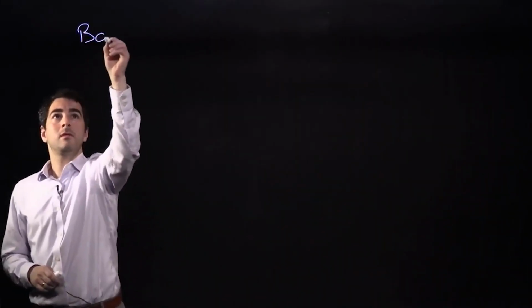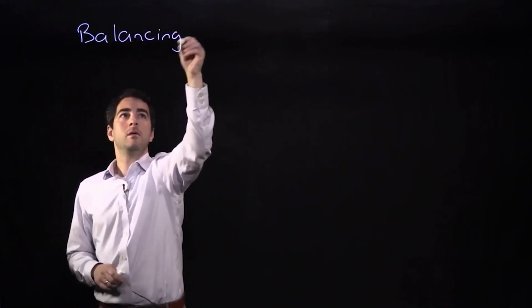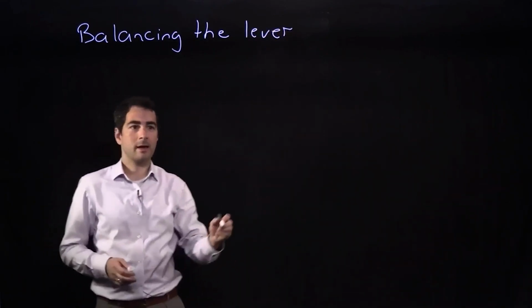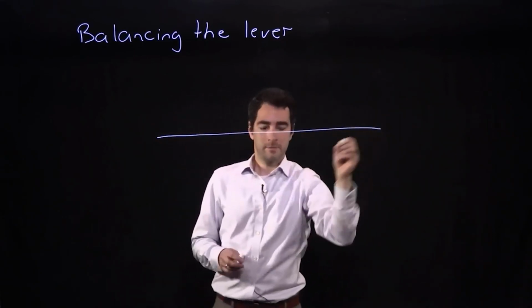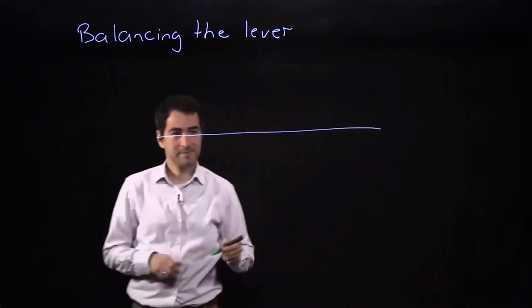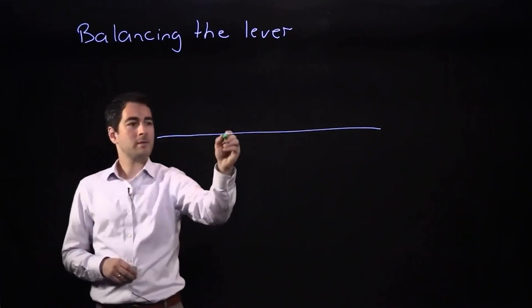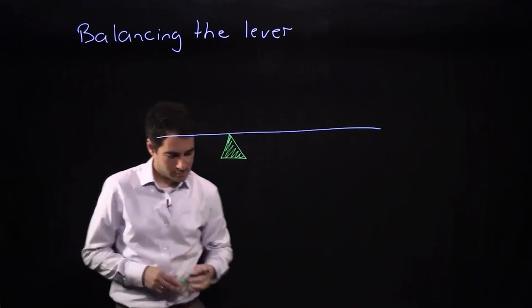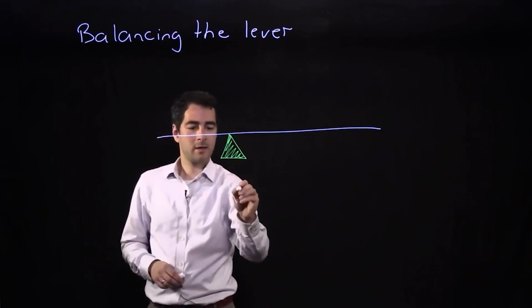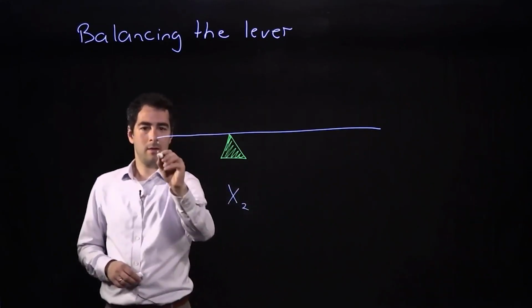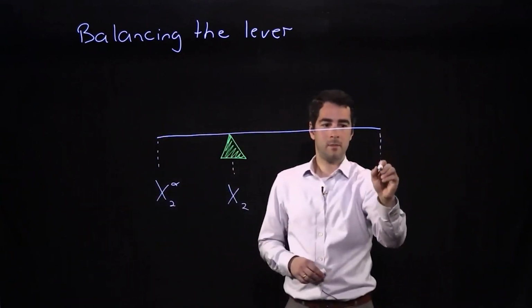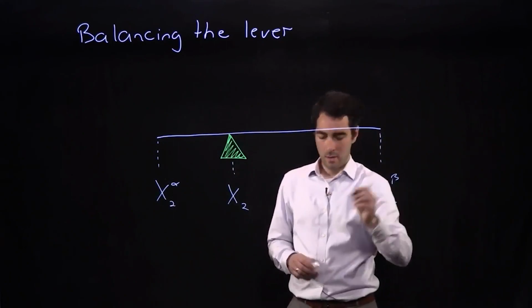This brings us to the final point, which is why it's called the lever rule. If we visualize the tie line as a lever or a seesaw, and we put the overall system composition at the fulcrum, so this is at x sub 2, this is x sub 2 super alpha, this is x sub 2 super beta.